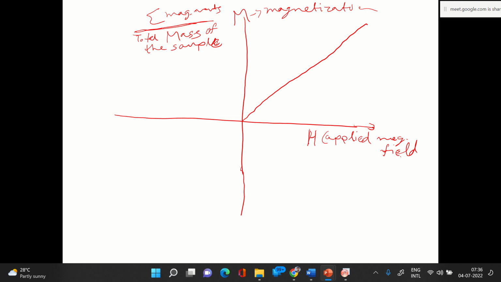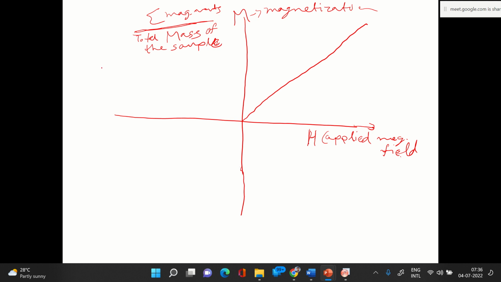So in the graph, this is a typical behavior of a paramagnetic material. Gradually, as the applied field increases, the magnetization, that is the summation of these individual magnetic moments, goes on increasing.